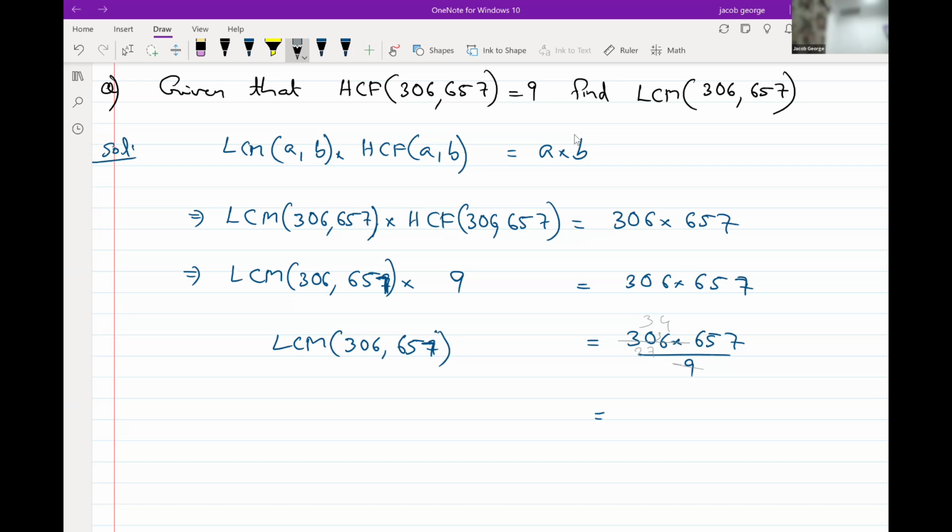Then multiply. 34 into 657. When you multiply, you will get the answer.